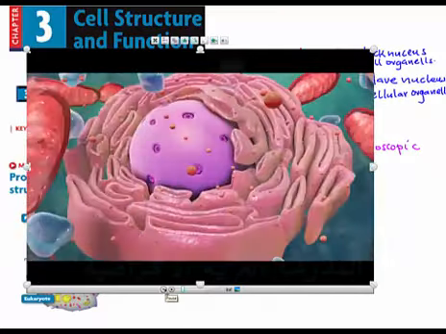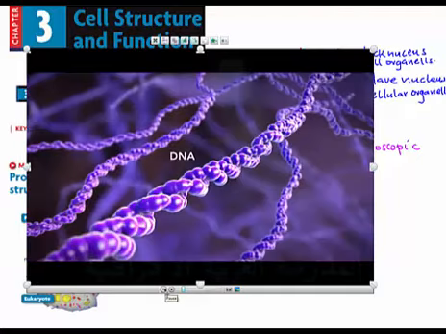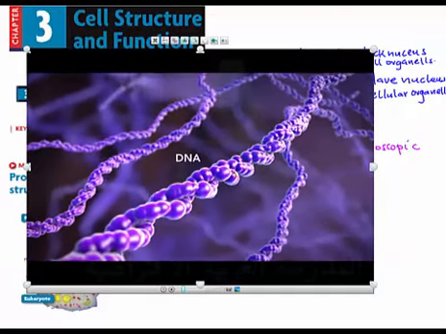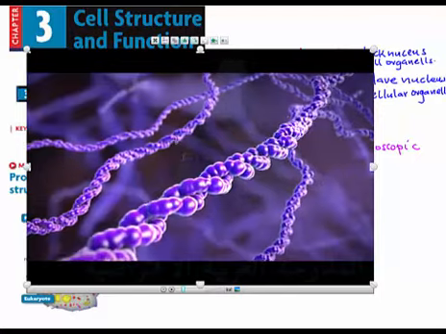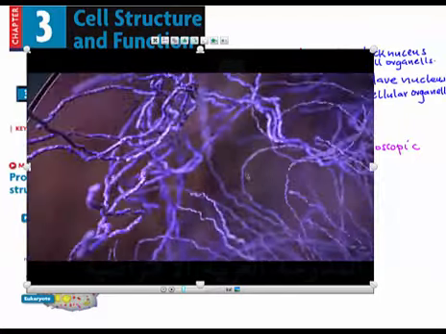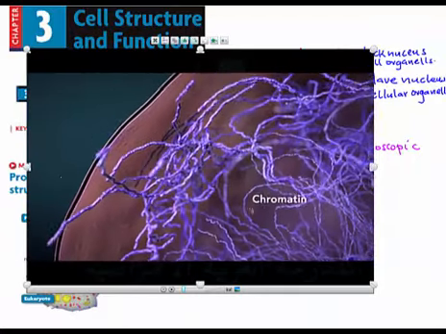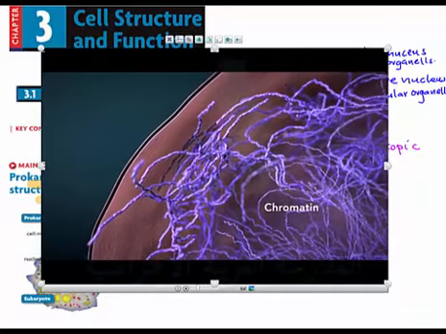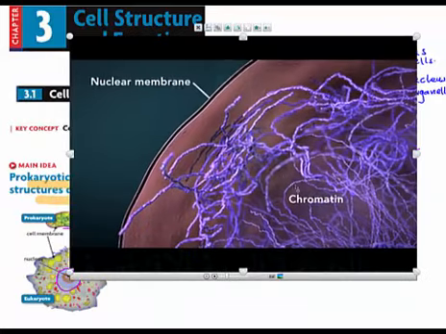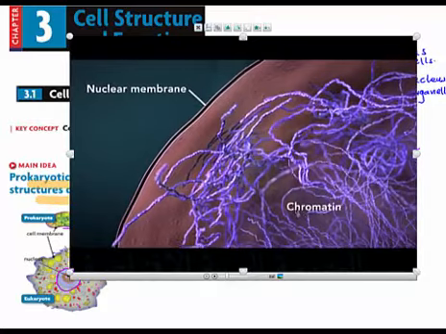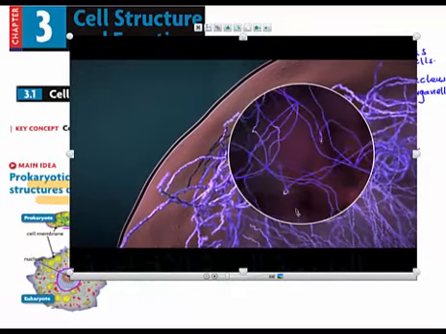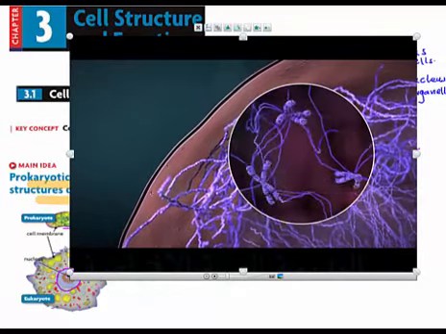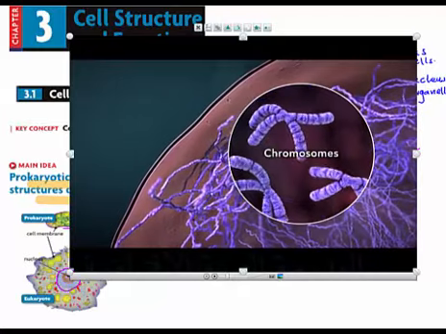In the nucleus we have the DNA, which is of course the genetic material. DNA is made of thin structures called chromatin. It is also surrounded by a nuclear envelope.